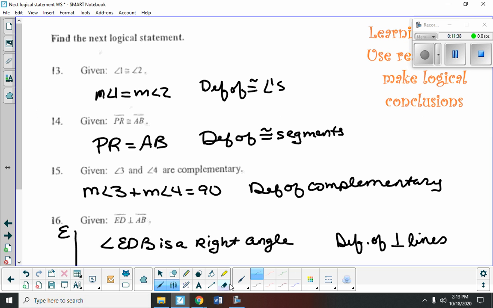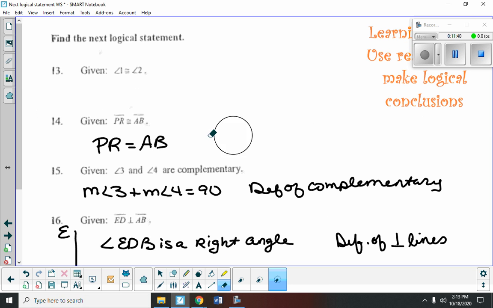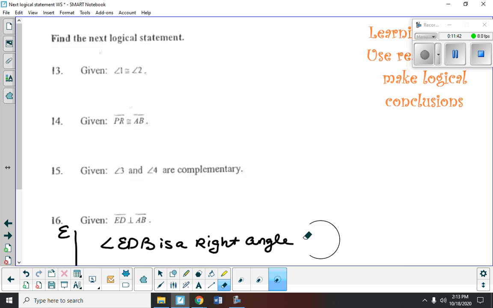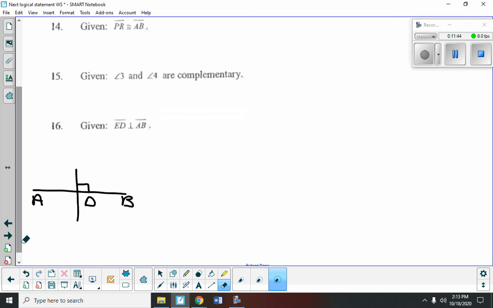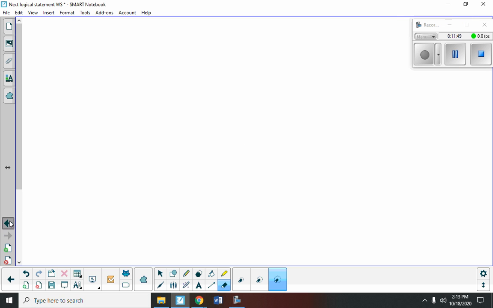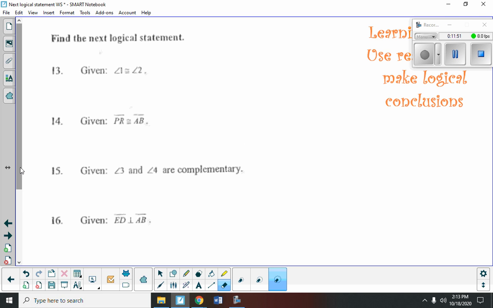Oh, and I have more here. This is longer than I thought. Let me just erase this quickly and we'll go through all of this together too, because these are so good. Okay, so given angle 1 is congruent to angle 2, this goes back to where I just was. I was getting ahead of myself. If angle 1 and angle 2 are congruent, let's look at angles and congruence.